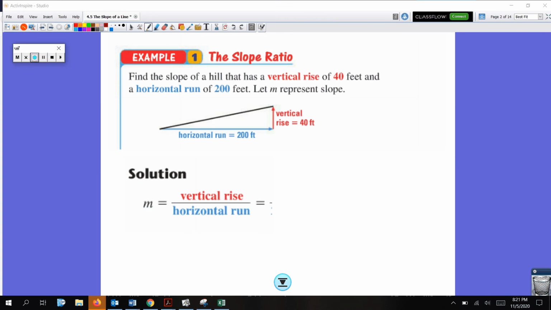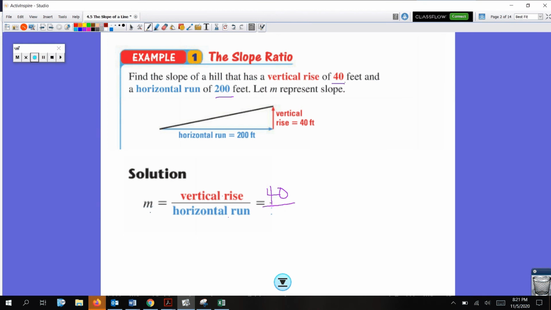All right, so now we're going to talk about the slope ratio. Find the slope of a hill that has a vertical rise of 40 feet and a horizontal run of 200 feet. We always let m represent the slope. So here is my solution. M equals rise over run. Our rise was 40 feet.